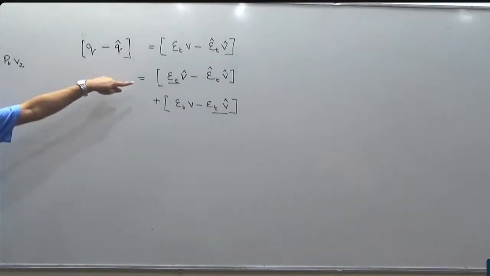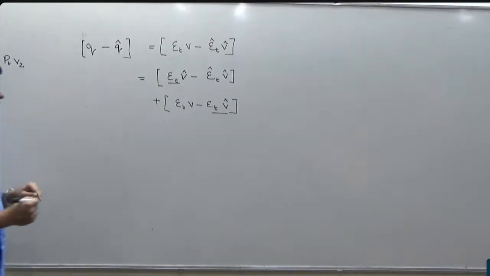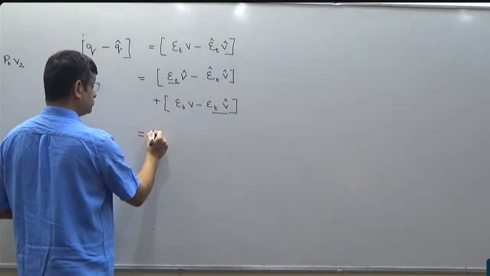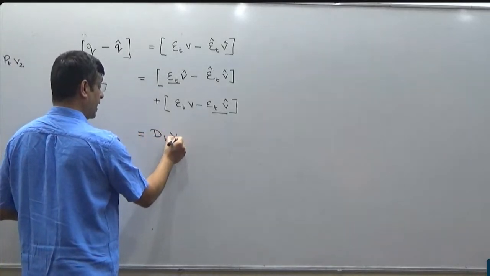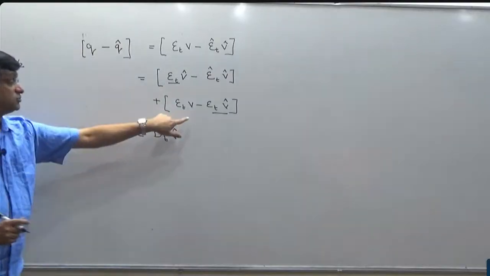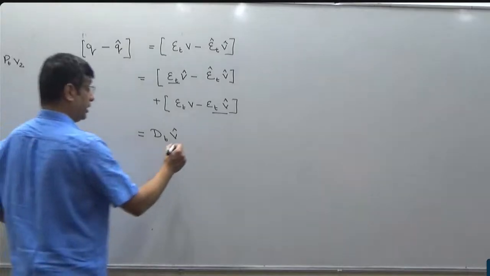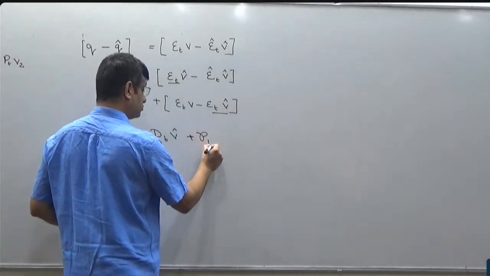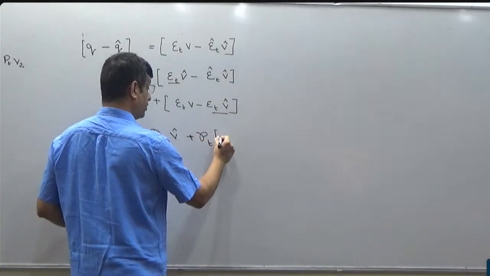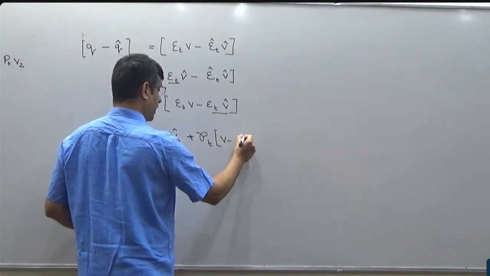Now, the first object is a mismatch operator. So, this is d_t applied on v hat, and the second object, based on what we had shown earlier, is the dynamics operator applied on v minus v hat.